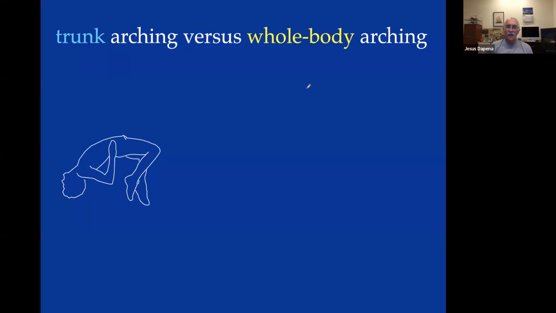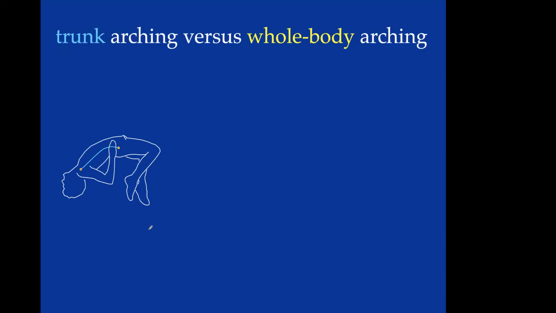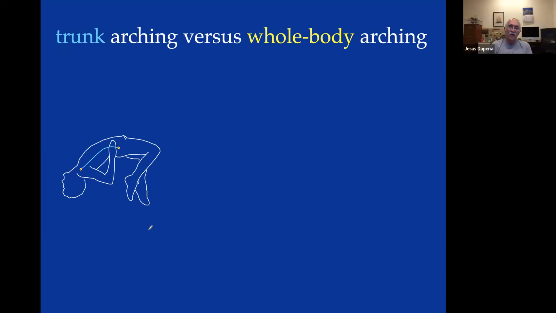Here we have our athlete, and the first thing we'll see is those 2 points. This is called the suprasternale, and this is called the mid-hip, and those are the 2 endpoints of the trunk. This is the curvature of the trunk. Now I'm going to draw the 2 knees: the right knee, the left knee, and the mid knee.